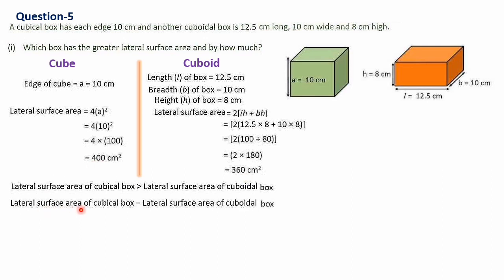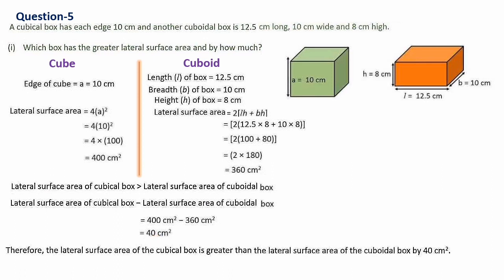So lateral surface area of cubical box minus lateral surface area of cuboidal box we have to do, because by how much that we have to calculate, means the difference. So the bigger lateral surface area minus the smaller lateral surface area, that is equal to 400 minus 360, that is equal to 40 centimeter square.